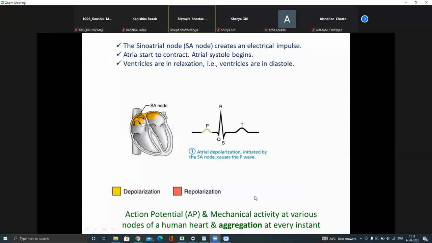Atrial systole begins means the blood now goes from atria to ventricles. And ventricles are in relaxation, means there is diastole in ventricles. So the ventricle has more space now to accommodate blood. So blood is coming now from atria to ventricles, means from upper chambers to lower chamber.